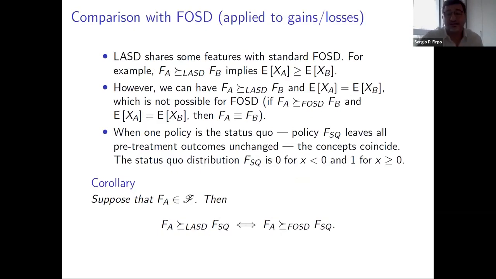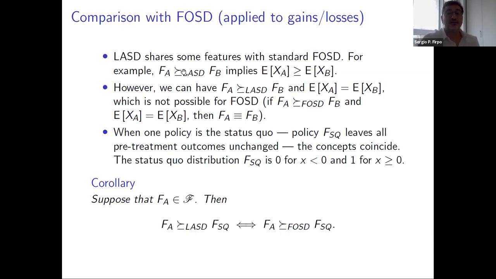Okay, and then there are some interesting features here, which have to do with the fact that, unlike first order stochastic dominance, where if the means are the same, necessarily they have to have the same distribution, right? If one dominates the other one, it only happens when they are identical distributions, and this is not the case for LASD. So it could very well be that treatment A has a larger ATE, or so this is an implication.